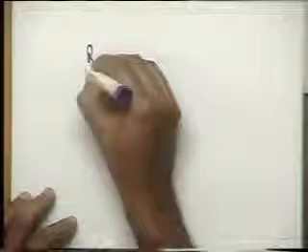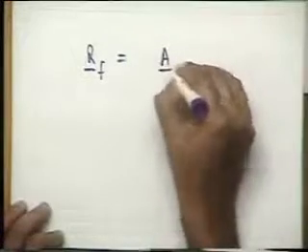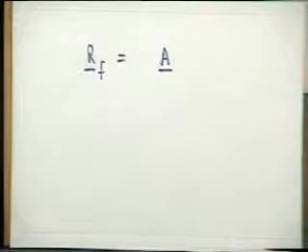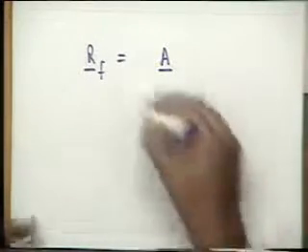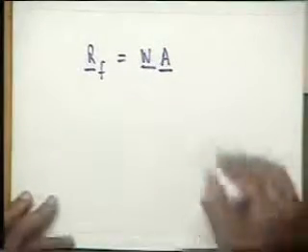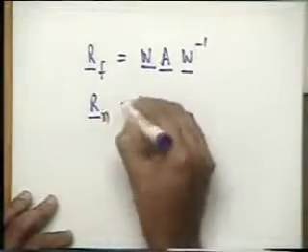So tell me what is going to be RF written in terms of the diagonalized matrix A. Quick. Pre multiplied by W, and post multiplied by W inverse. And what is going to be Rn?